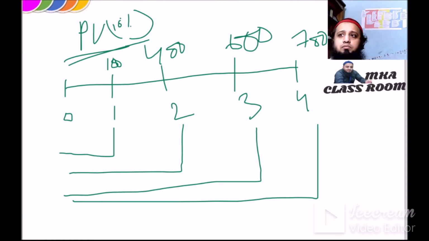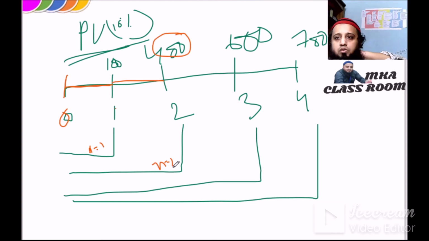So, for 100, what will be its value of n? 1 to 0. You have to come to time 0, because this is the present value. At the present value we convert each value to time 0, we know it very well. So, for 100, n equals 1. Then 400 carries 1 period and 2 periods, n equals 2.